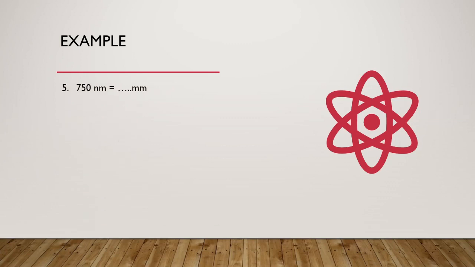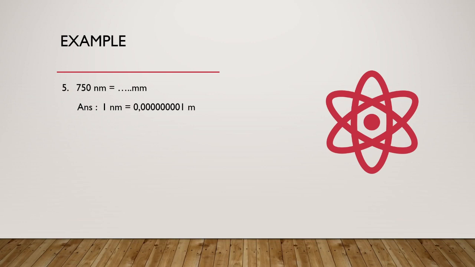The next example, 750 nanometers are equal to how many millimeters? Just like before, you can see that 1 nanometer is 10 to the power of minus 9 meters. That's how you use the scientific notation.